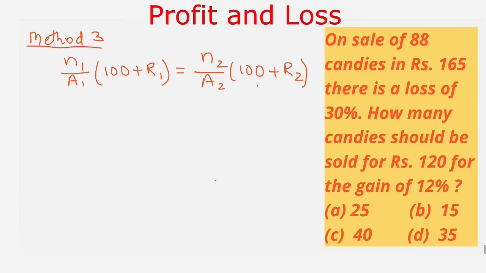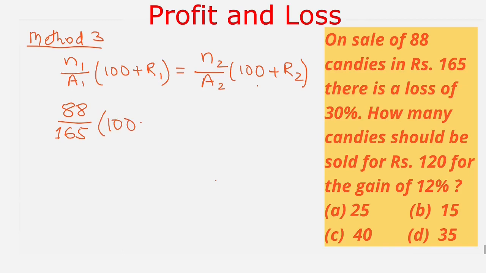N2 is the number of articles for amount A2 and R2 is the profit we require for selling N2 items for amount A2. We put the values like this. Here N1 is 88 candies and A1 is rupees 165, the cost of 88 candies, and 100 plus or minus R1.